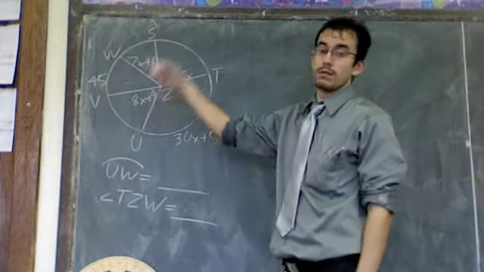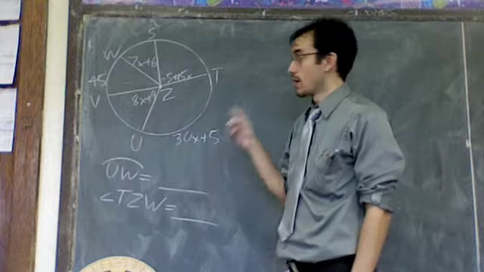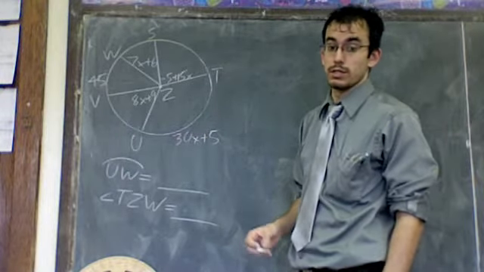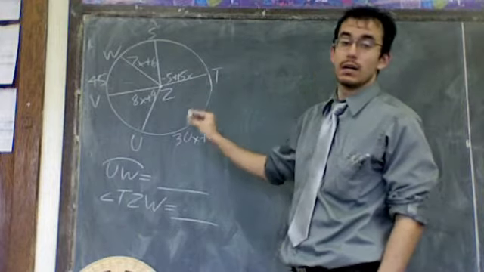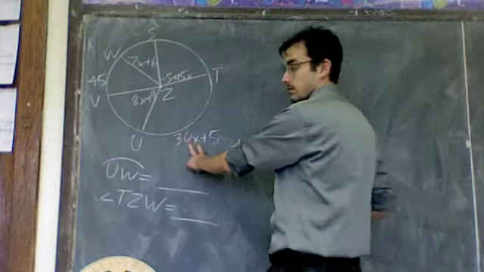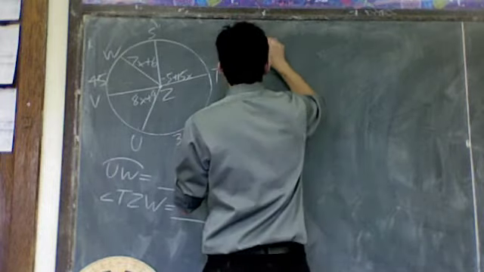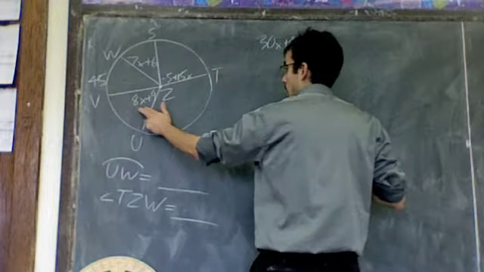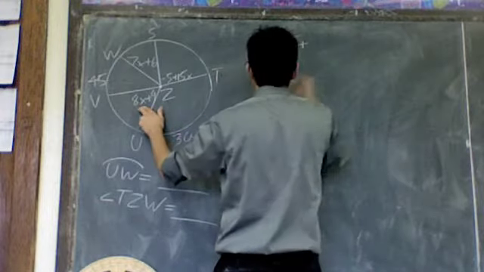I went all the way around. Since I went all the way around, I know that all of those arcs are going to add together, and their sum is going to be 360. I'm going to start anywhere I'd like, add all of them together, and the sum should be 360. I'll start here: 30x plus 5, plus the next thing, 8x plus 9. It doesn't matter which way you go.